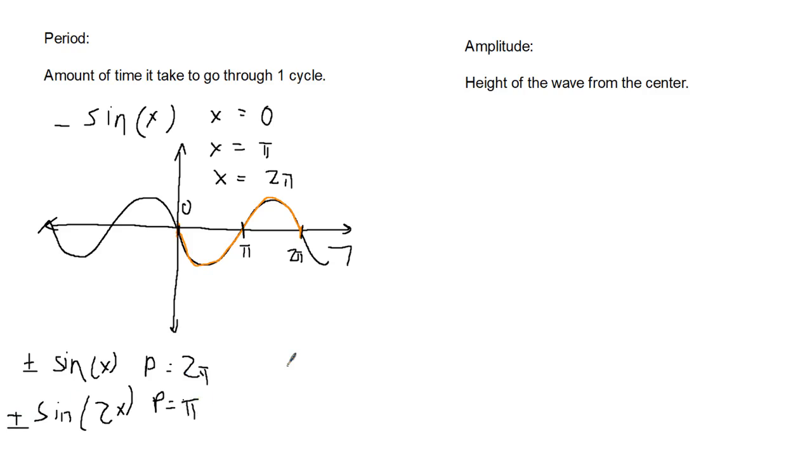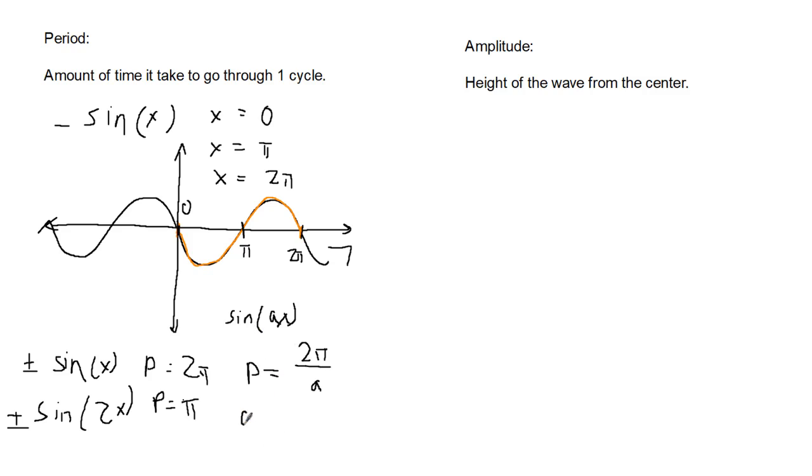And the general formula to find the period is 2 pi over the coefficient of the x variable, right? Let's say in sine of ax, the period is equal to 2 pi over a.